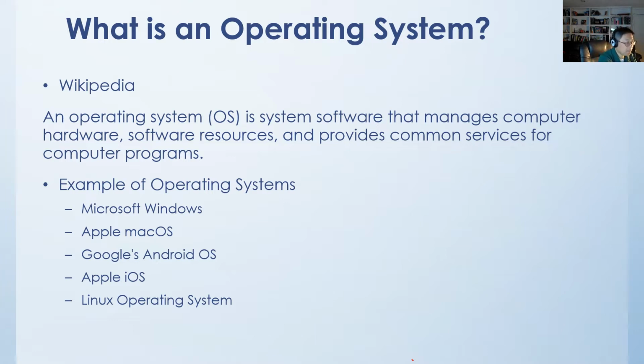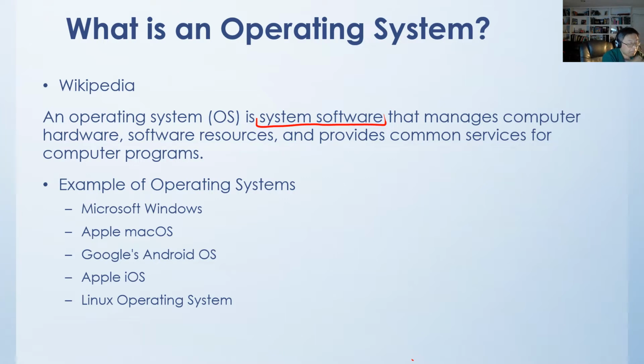It says, an operating system is system software that manages the computer hardware, software resources, and provide common services for the computer program. So it is a system software. So it's a software. Okay.